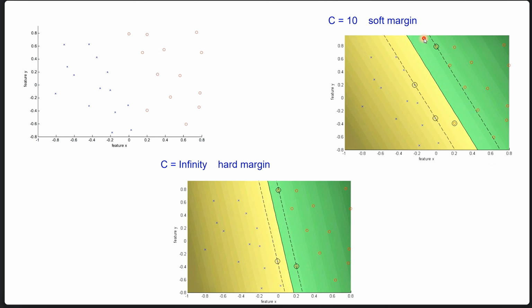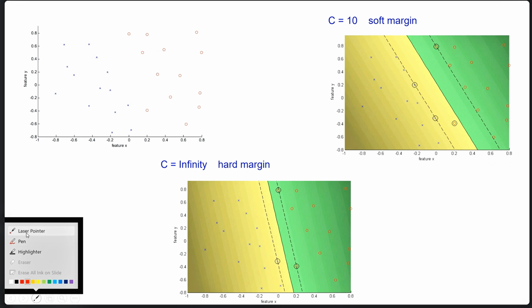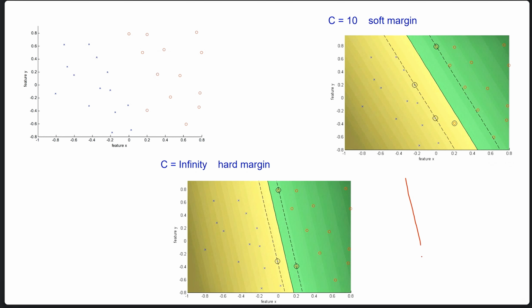But there are some cases where the data is inherently non-linear, not linearly separable, right? Let's say the data is like this. There are a few points like this, forming a sort of circular shape.